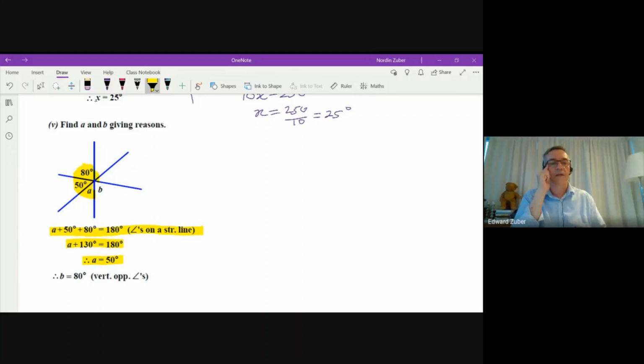Oh, actually we could get 80 right there. There it is. They're vertically opposite. Can you see that those 2 angles are vertically opposite? This one and this one, they're actually vertically opposite. So we can get them straight out. And there it is. B is vertically opposite.